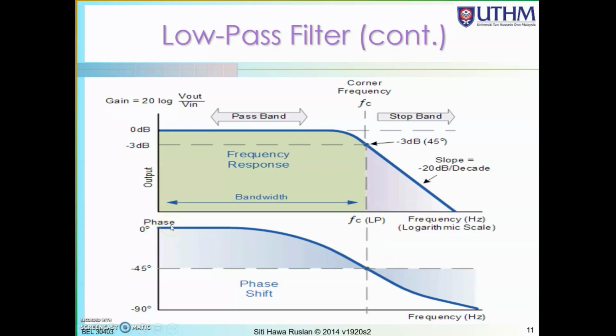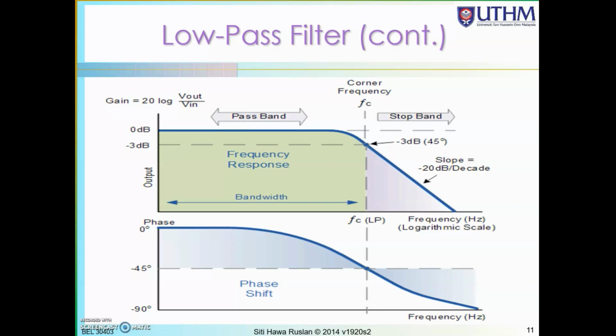Over here, your V out and V in are in phase, meaning that your V out and V in will be similar in phase. But at the cutoff frequency, the difference will be minus 45 degrees, and after that, at very high frequency, the difference between V out and V in is 90 degrees.